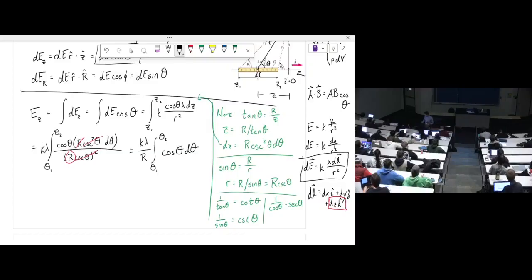Thank you. Made my day. So we've got k lambda over big R times the sine of theta evaluated at theta 1 and theta 2, or k lambda over big R times sine of theta 2 minus sine of theta 1.